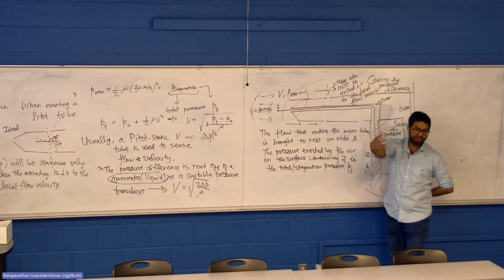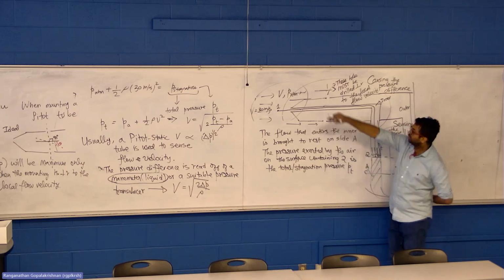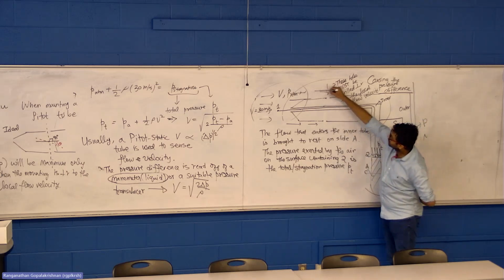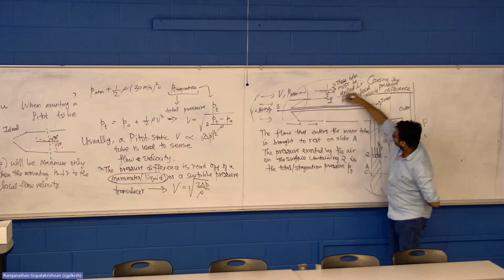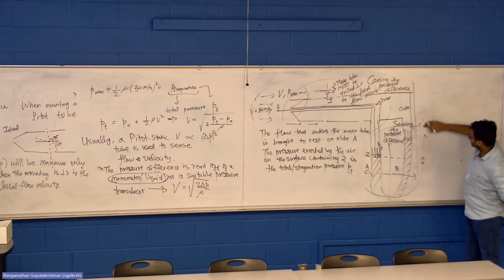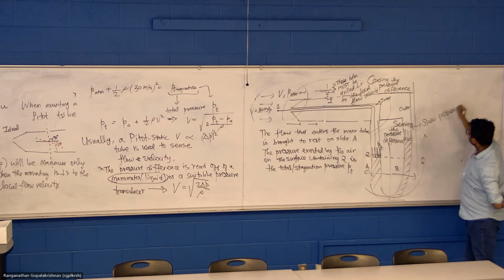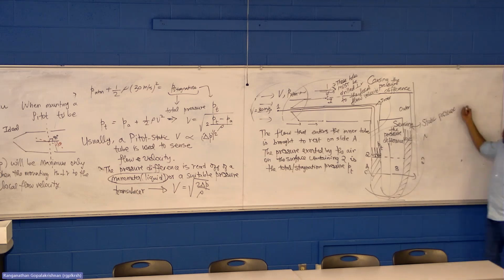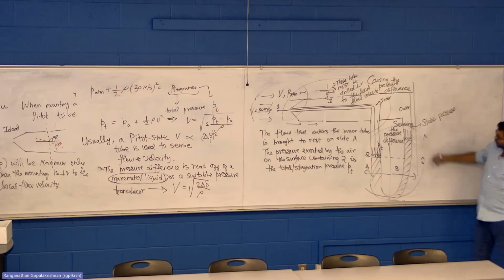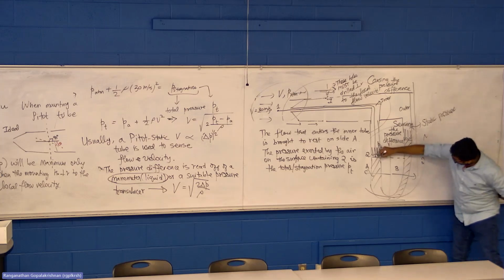It can sometimes be different from atmospheric pressure, but the flow is in this direction. The molecular motion, the random motion, is what is causing the pressure to be sensed here. So this pressure is static pressure. In our case, static pressure is P.